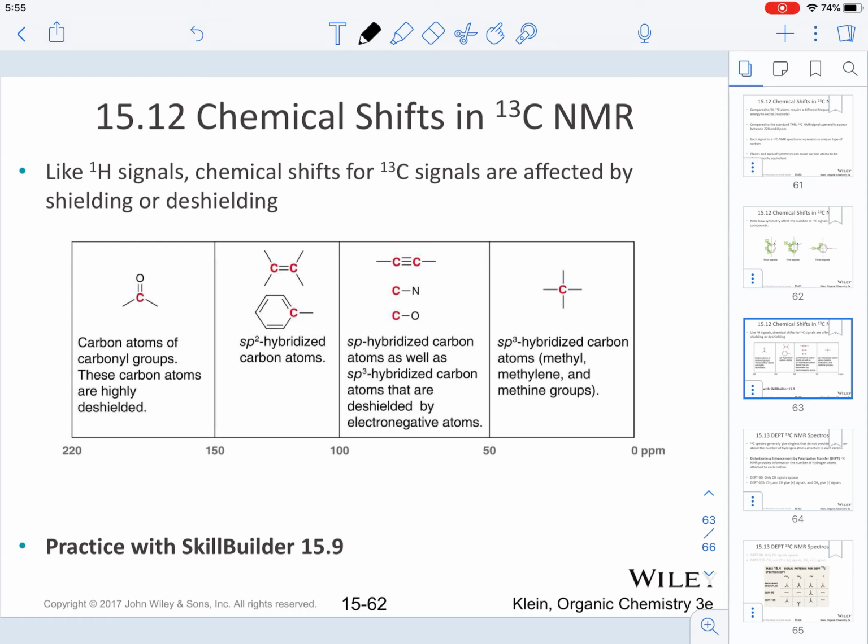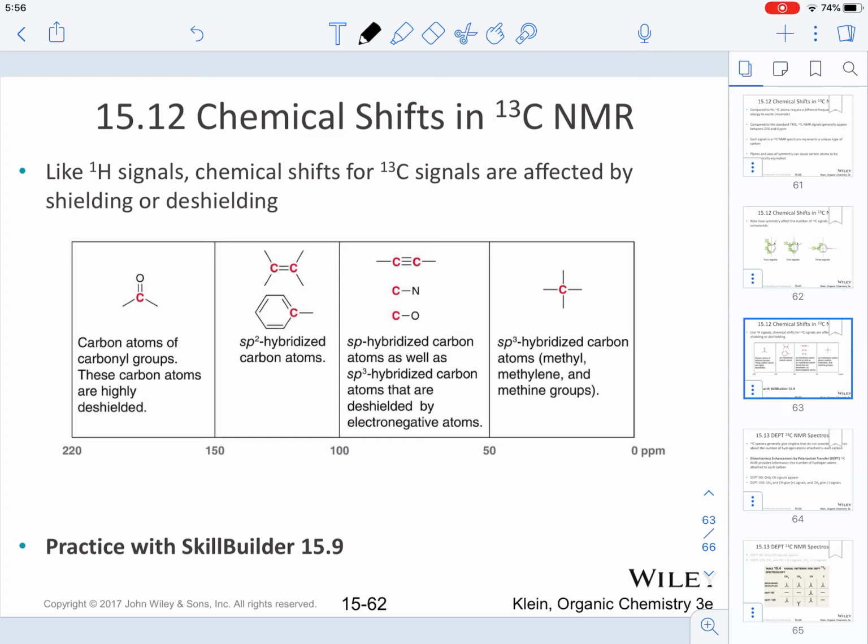Now, like proton signals, there are chemical shifts for carbon-13 signals. They are also affected by shielding and deshielding, and as you can see, this is slide 62. Here we have the different regions in which we can see these functional groups on carbon NMR.